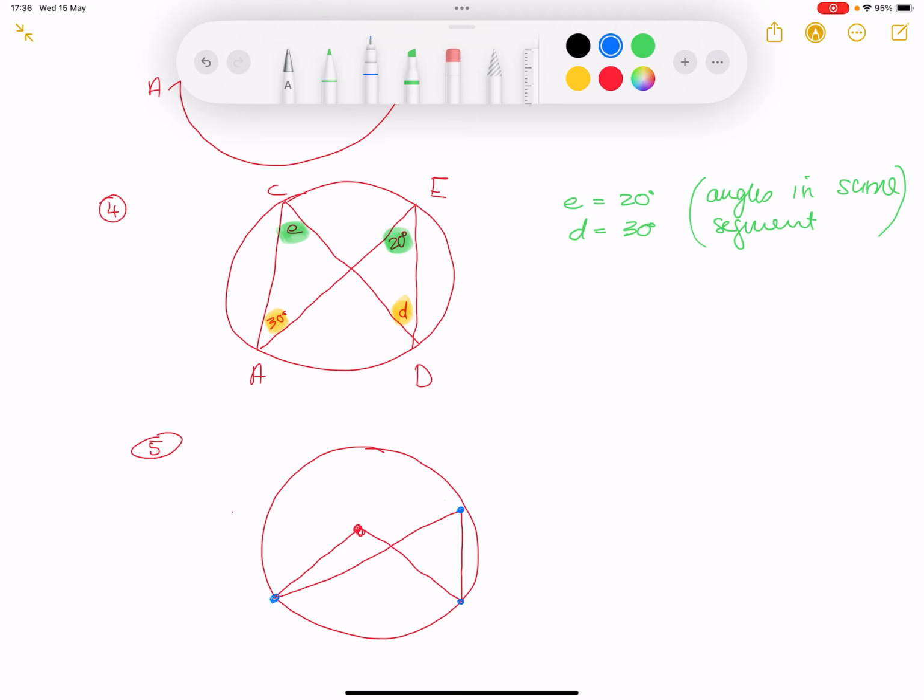Here you have 1, 2, 3, 4. Yes, ma'am. So this is the angle at center and angle at circumference. So they say this is C.